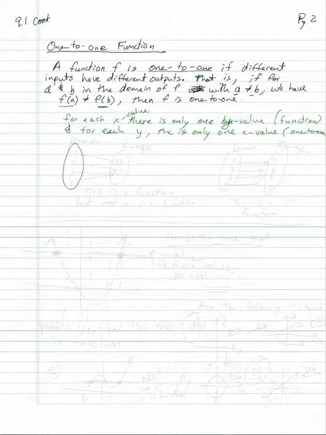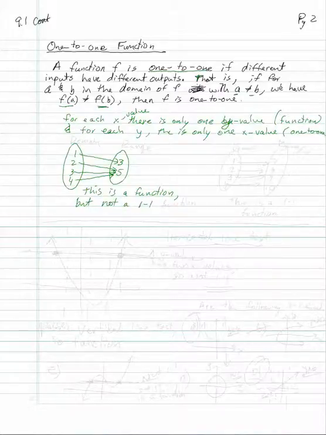Okay, so if you remember when we did functions, if you had 1, 2, 3, 4, and say 3, 5, this would be a function. So that's a function, but it's not one-to-one. To be a one-to-one function, if we had 1, 2, 3, 4, each of these has to go to different y values.